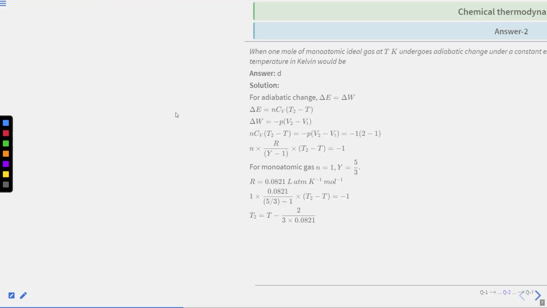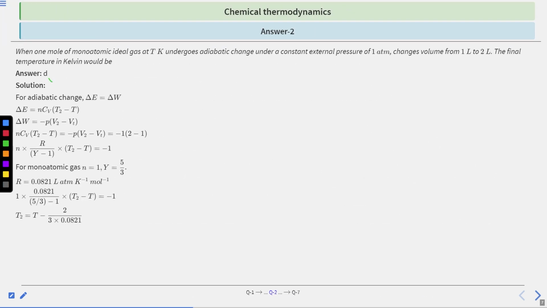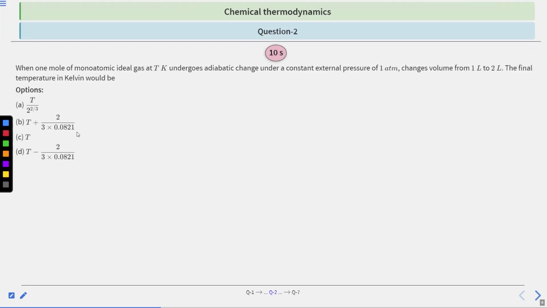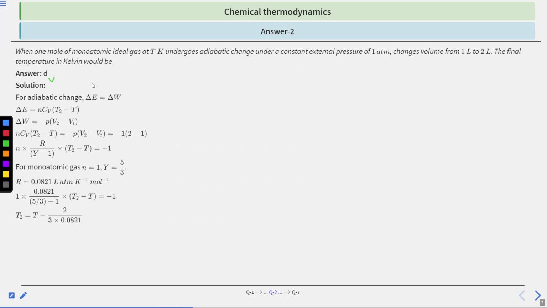Okay, so the correct answer will be option D, that is T minus 2 upon 3 multiplied by 0.0821. So how is it the correct answer? We know that for an adiabatic change, del E will be equal to del W because Q will become 0. And del E we can write as n Cv (T2 minus T), where T is the initial temperature given in the question.